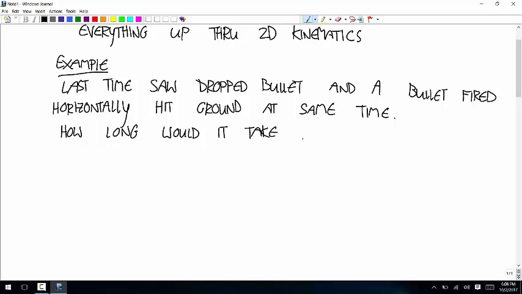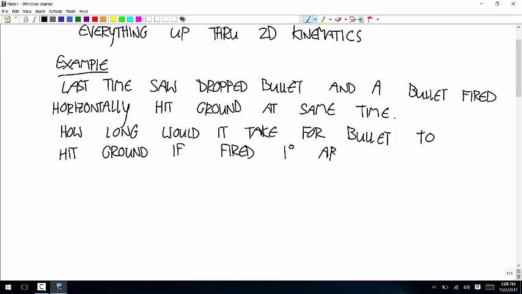So how long would it take for the bullet to hit the ground? If it's fired 1 degree above horizontal. Again, for last time, we shot it from a height of 1 meter, right? So 1 meter high.